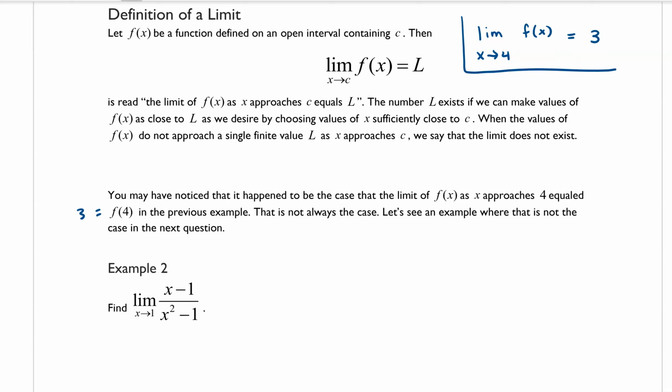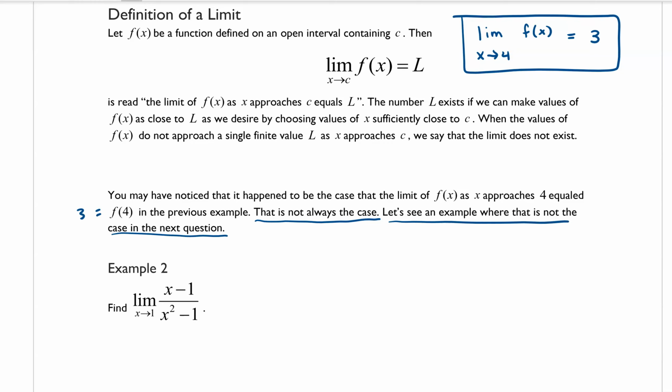So that is how we would have notationally written what we saw in the previous example. But this is not always going to be the case. Let's see an example where that is not the case in the next question.